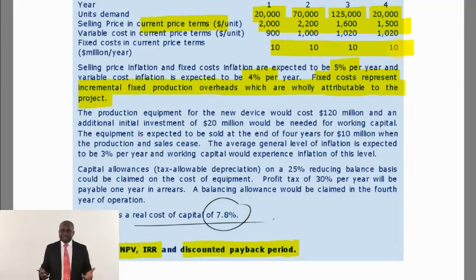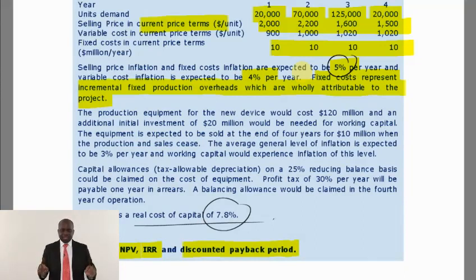Do I have to waste time and do the calculation as we did in the note we were teaching? I wouldn't do that. Because it is a constant cash flow, I'm factorizing it out. Fixed cost, they said, is subject to inflation of 5%. Point of attention. Some of you have made up your mind that fixed cost is fixed, it doesn't change.